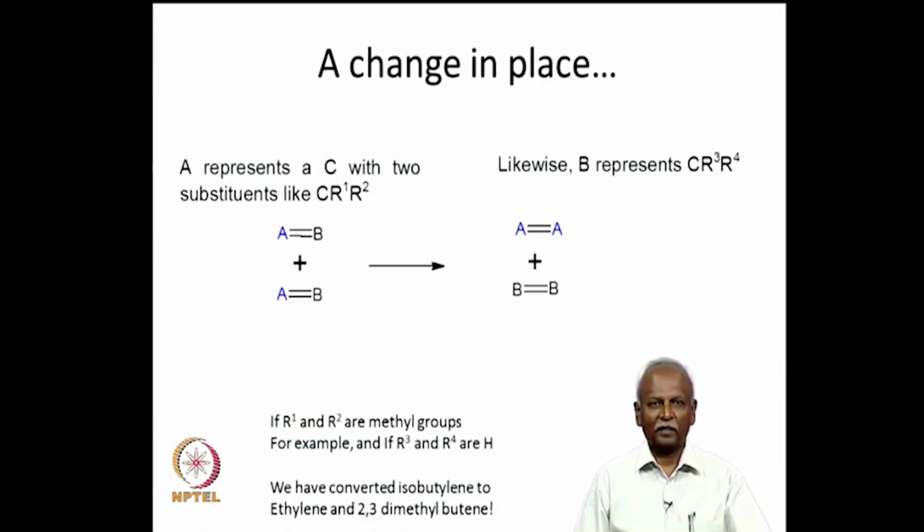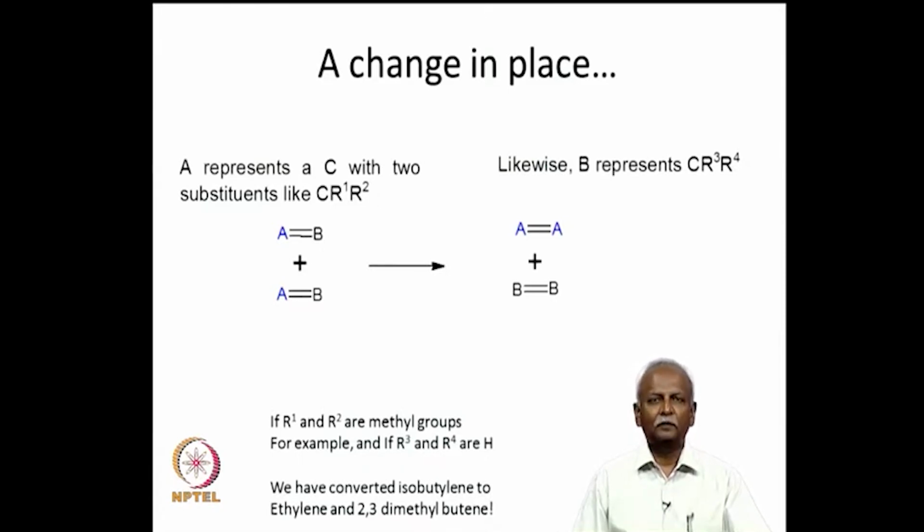If we do a metathesis of this AB olefin, then you can get both AA and BB, and if you remember, this allows for a change in the size of the olefin. So, if you take a small olefin and you do metathesis, you can get a bigger olefin and a smaller olefin, and this is very useful for the petroleum industry.